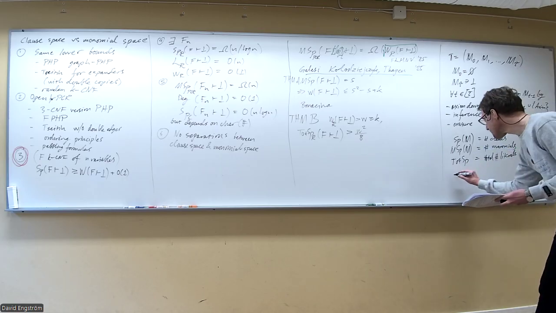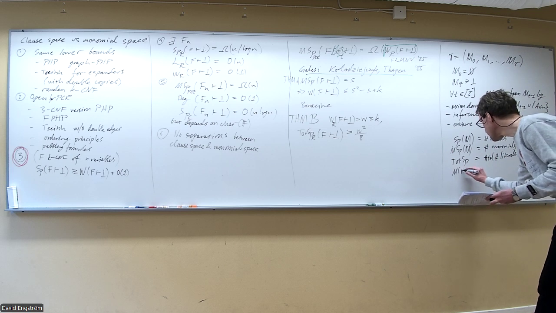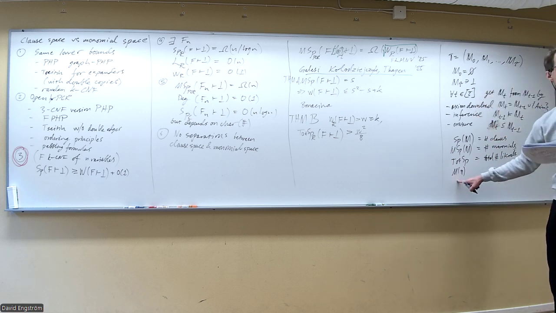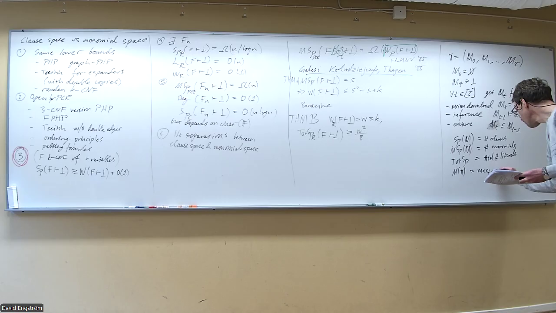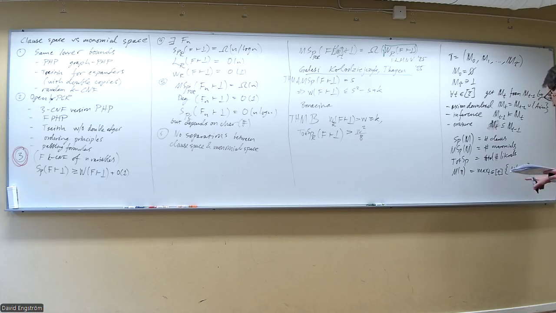And then for any such measure m, I just say that the measure of a refutation is just taking the max over all memory configurations of the measure at time t.